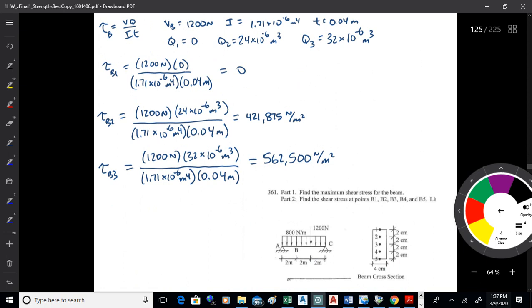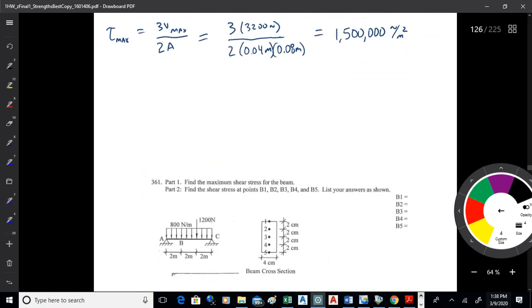So I asked a couple questions there to find the shear at B1, B2, B3, B4, and B5. So you still got to do B4 and 5. There's a lot of symmetry in this problem, though. And then the maximum shear is 3V over 2A. So we all right with that one?